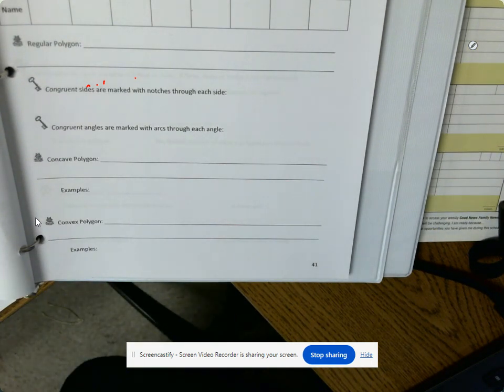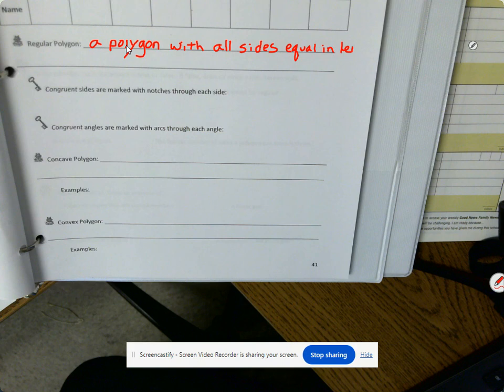So let's look at the rest of our vocab words. Regular polygon. A regular polygon is a polygon with all sides equal in length.